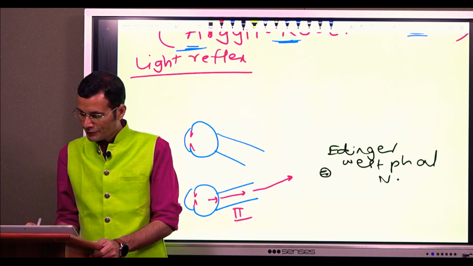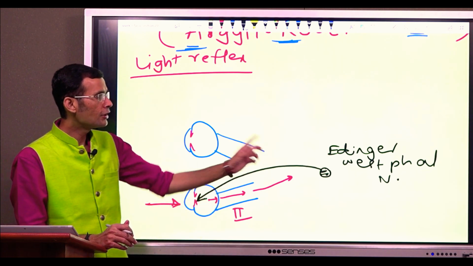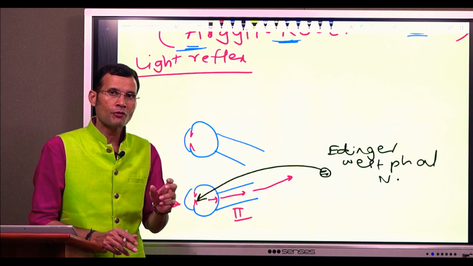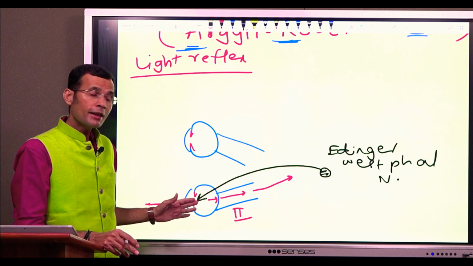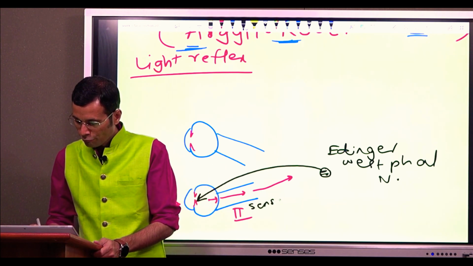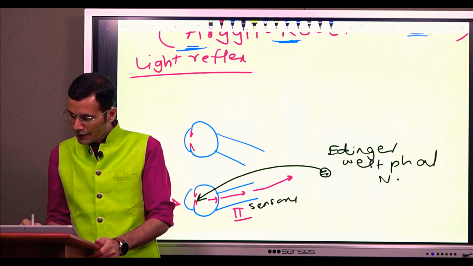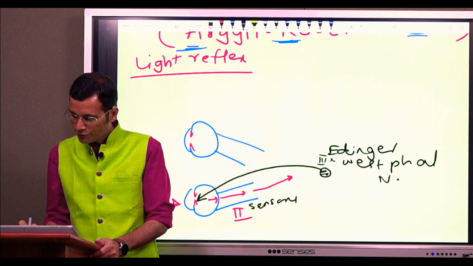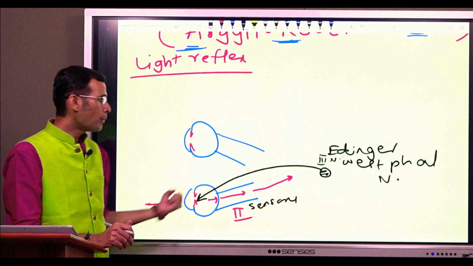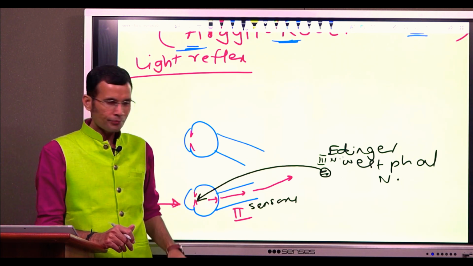So, impulses will come back from the oculomotor nerve nucleus, Edinger-Westphal nucleus, and there will be constriction of the pupil. The afferent nerve or sensory nerve for the light is of course the second cranial nerve, optic nerve, and the third cranial nerve, the oculomotor nerve, is the motor nerve, efferent nerve, which comes back and causes constriction of the pupil in the same eye.